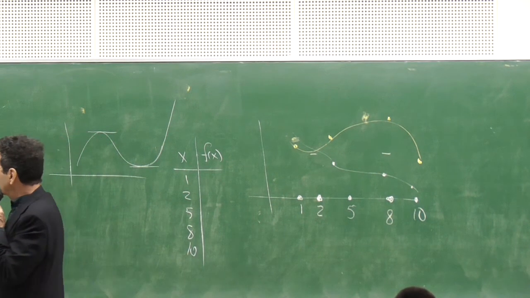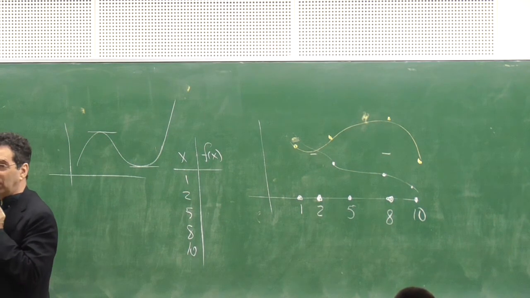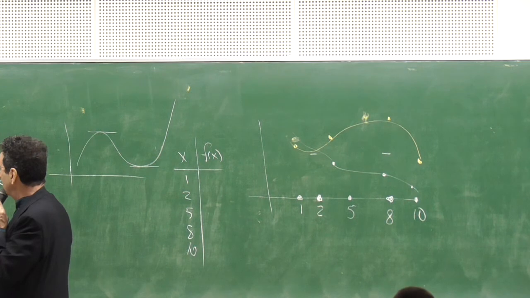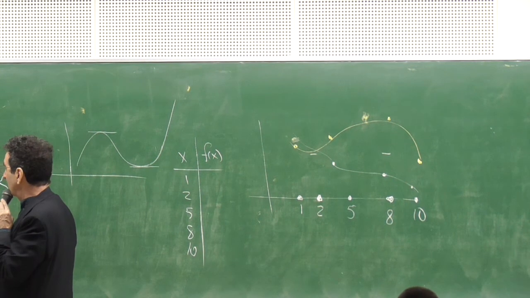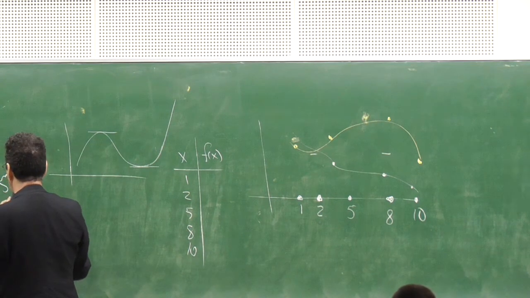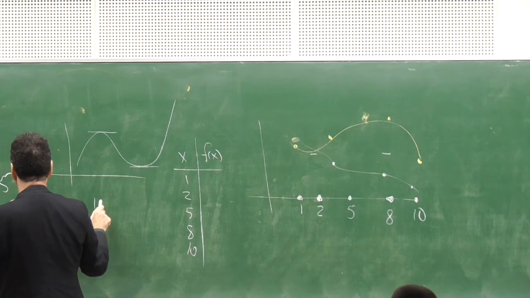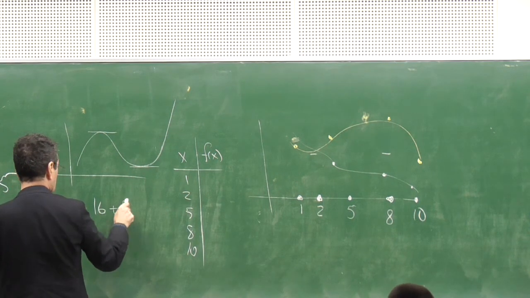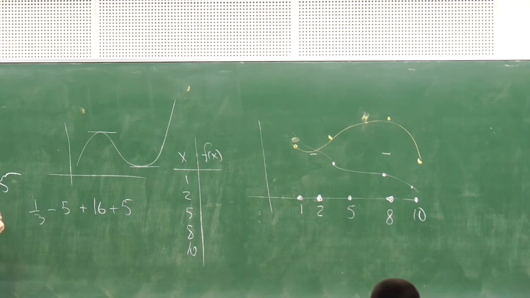Look, we have to do this. Maybe we don't want to do it actually. What do we get? 1/3 minus 5 plus 16 plus 5, right? We have to do that. That's when we put in 1, right?